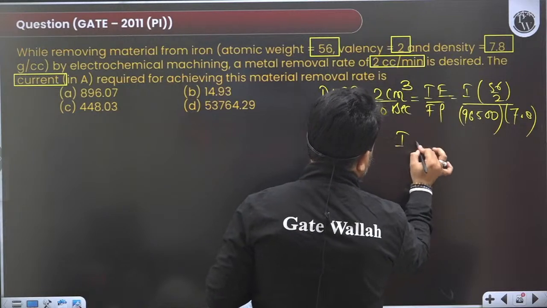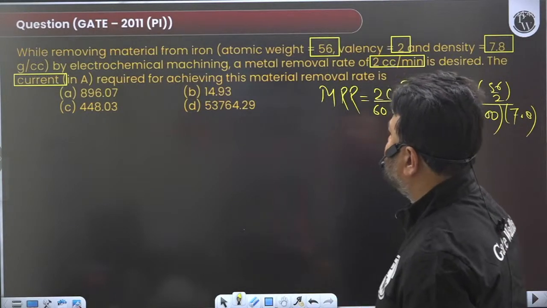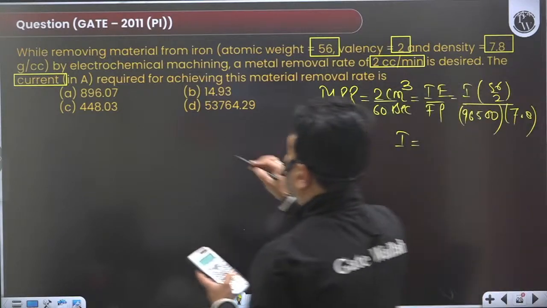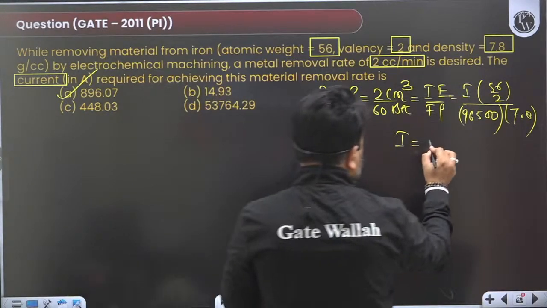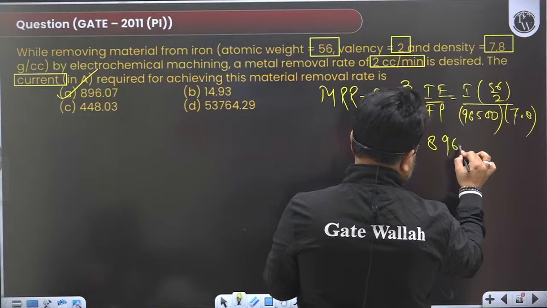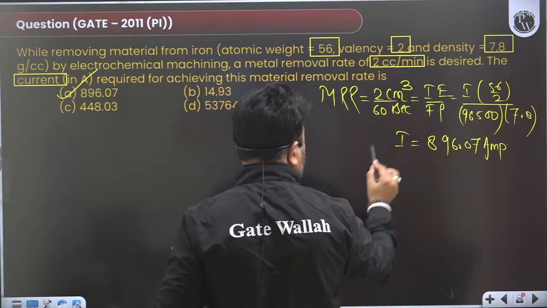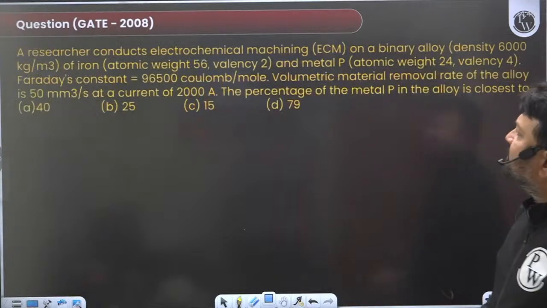You will get the required current: 2 by 60 into 96500 into 7.8, answer divided by 56 by 2, that is 896.07 ampere.